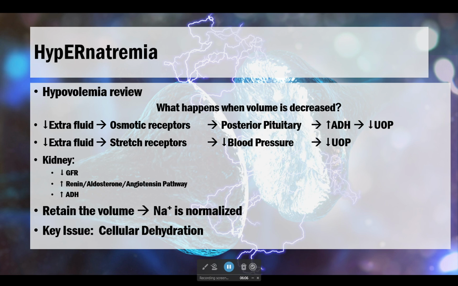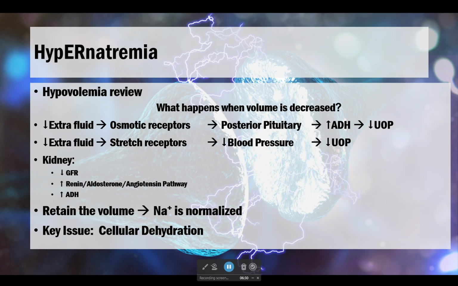If sodium is retained, water is going to be retained. We're going to have an increase in antidiuretic hormone, as we've also mentioned. This is going to cause, as I've already said, retaining the volume, which is ultimately going to retain and normalize the sodium. The key issue here is cellular dehydration.